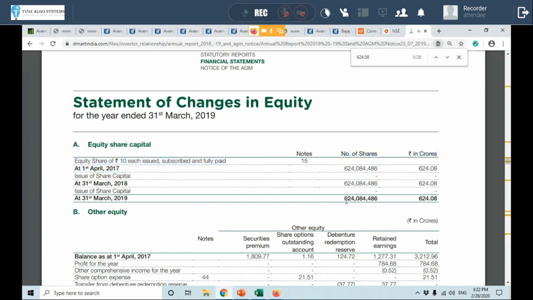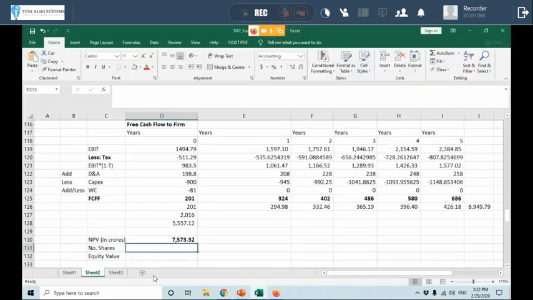So basically this is 62 crores, I guess. I will copy this and paste it here and convert this into crores. It was 62.4 crores, right?